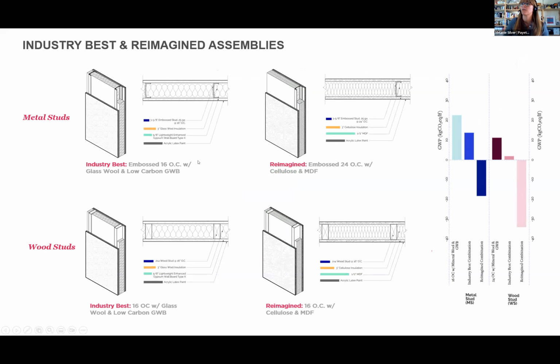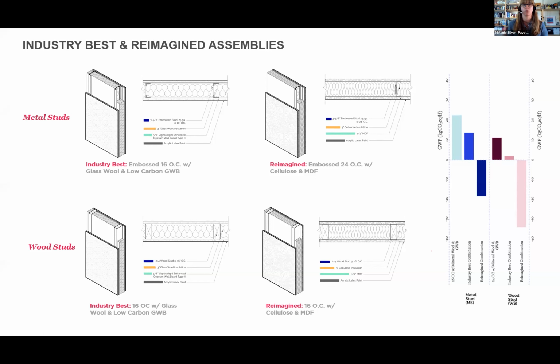For the industry best, we found that if you have an embossed stud at 16-inch on center, and if you have to have insulation, use glass wool, and then use a low carbon gypsum board like EcoSmart. And then for reimagined, we're saying, can you use 24-inch spacing on studs? Can you use cellulose insulation?